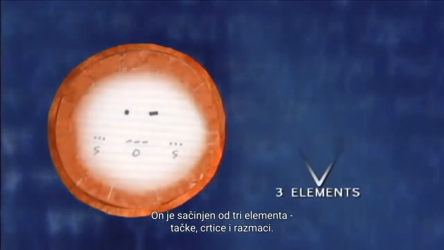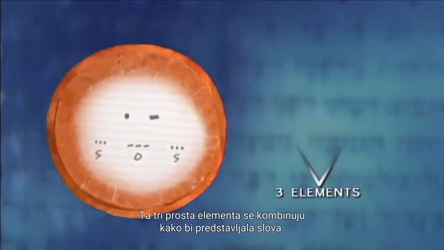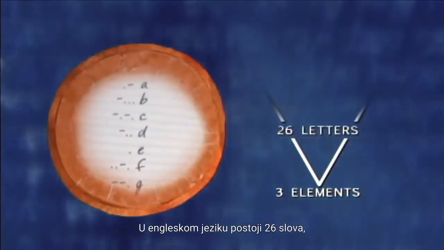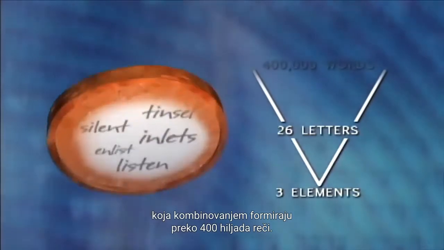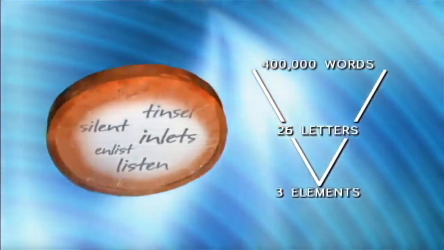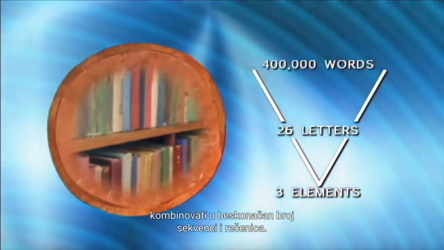Take Morse code. It has three basic parts: dots, dashes, and spaces. These three simple parts are combined to represent letters. There are 26 letters in the English language, which are combined to form over 400,000 words. Those words can, of course, be combined into an infinite number of sequences or sentences.